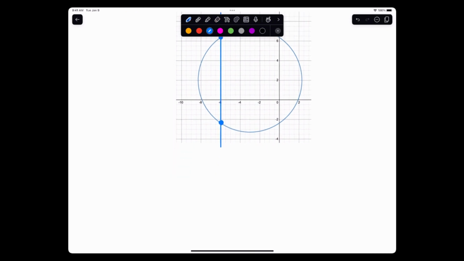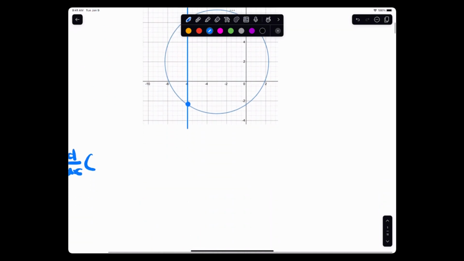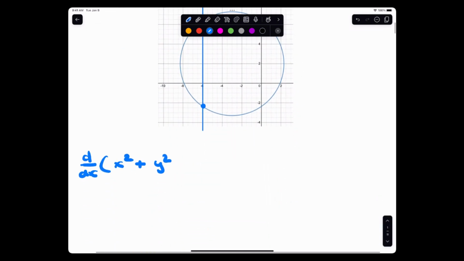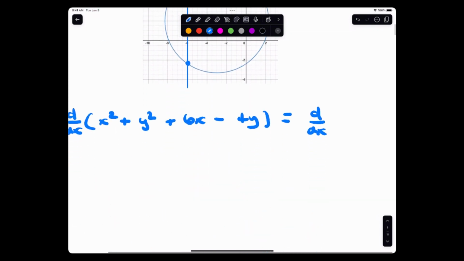Here's what that looks like: d dx of the left side, x squared plus y squared plus 6x minus 4y equals d dx of 15.